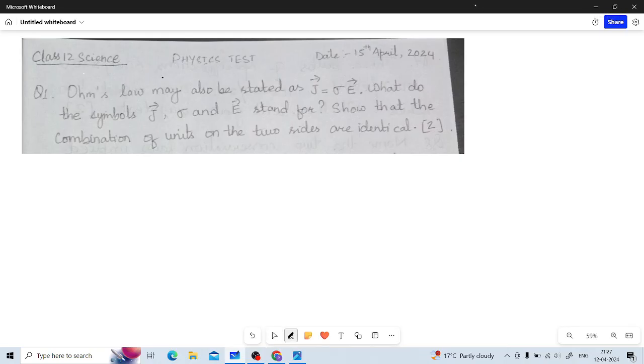So the first question is, Ohm's law may also be stated as J is equal to sigma E. What do the symbols J, sigma and E stand for? So that the combination of the units on the two sides are identical. So J in this case stands for your current density.